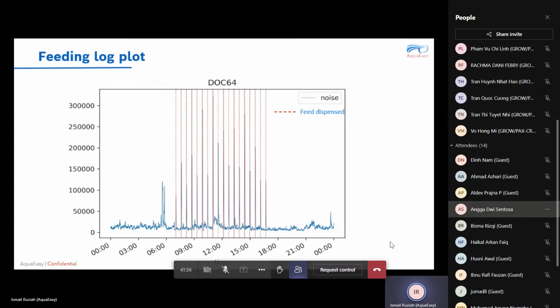The tab at the end is the feed table tab. We use this to update the feed tables. The feed table is in a CSV format. It looks something like this, a table with DOC and feed. So for DOC 45, the feed given is 63.52 kg. The feed here is in kg, and it's a table for all the DOCs of the shrimp cycle.